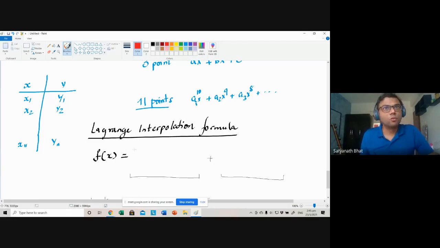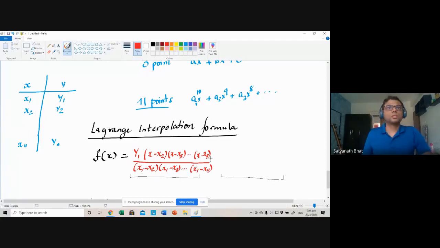You will have y1 times (x minus x2)(x minus x3), all the way till (x minus x11). So what is missing? X minus x1 is missing. Divided by (x1 minus x2)(x1 minus x3), all the way till (x1 minus x11). So this is the first term.